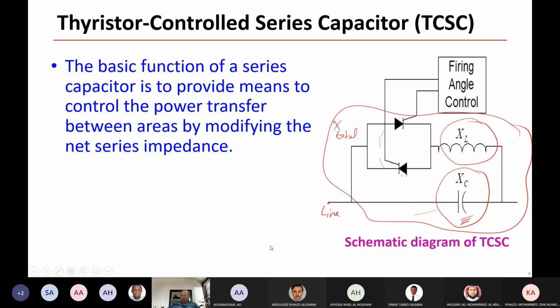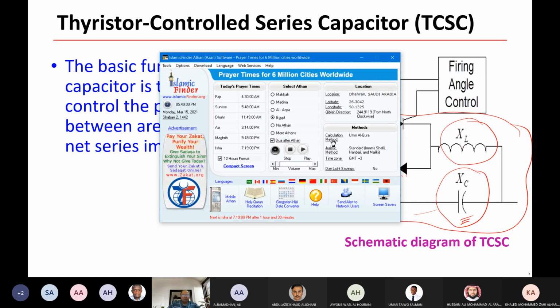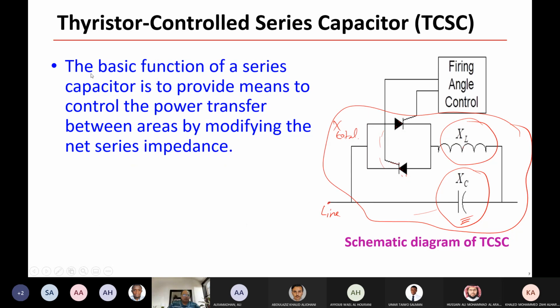So the basic function of this series capacitor is to provide a means to control the power transfer between areas by modifying the net series impedance.